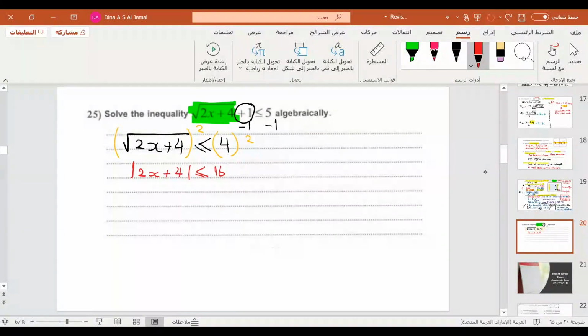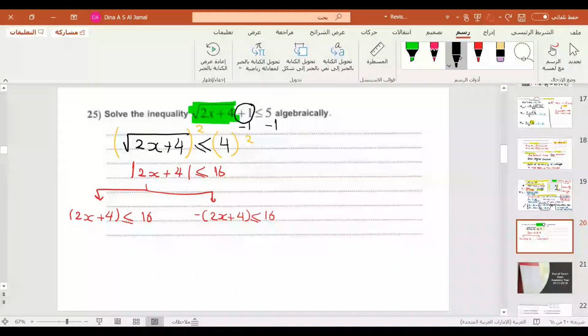Great. So now, whenever you are solving this absolute value in the inequality, you will be having two cases. Either the first case, which is whatever inside the absolute value positive, or the second case, when it is negative. So, if you solve the first case, you will be having x less than or equal 6.